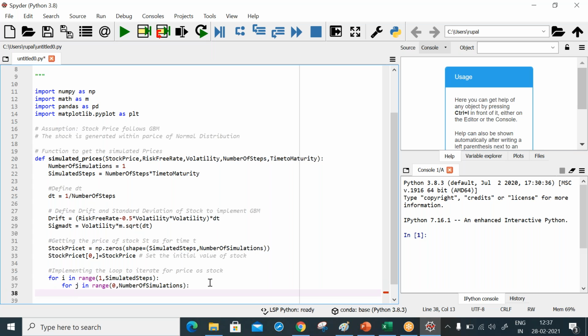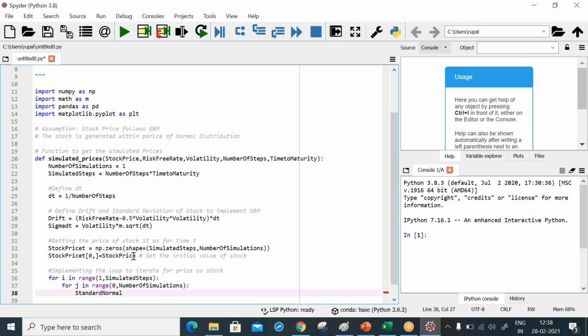Now I will take the standard normal distribution first. The standard normal distribution we have to put in our prices. Okay, we have to multiply it with sigma dt. So what will that be?